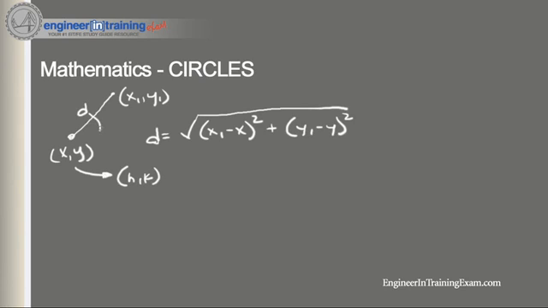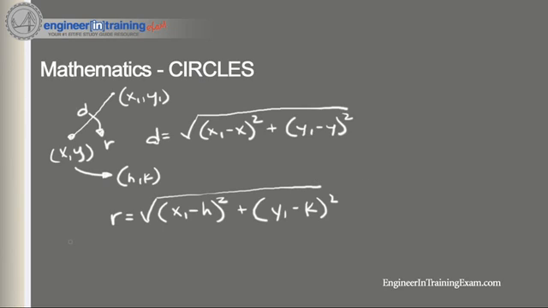Let's call our d our set radius, so d is equal to r, and we can rewrite this equation to say that r, the fixed radius distance between h, k and any point on a circle, is actually the square root of x1 minus h squared plus y1 minus k squared.